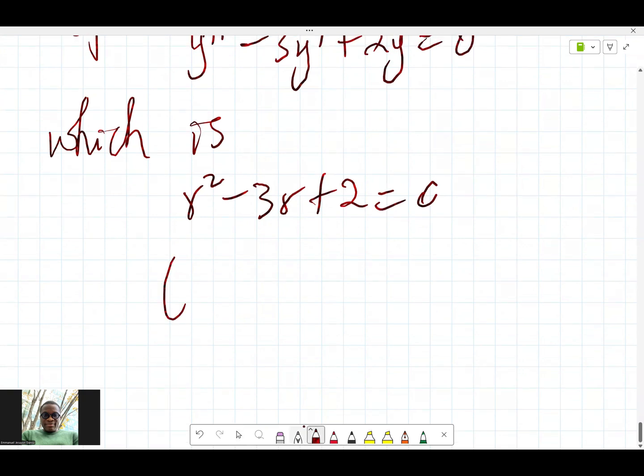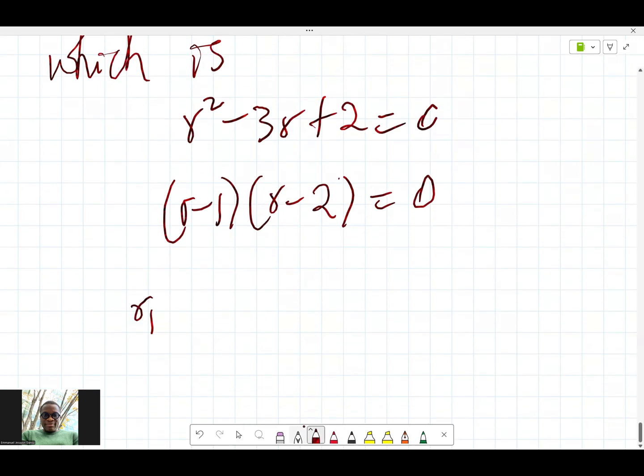We assume that y equals e raised to the power rx as the solution. And then we expand and substitute, and then we end up getting this. So you can check that first video in case you have not seen it. So this is r minus 1 into r minus 2, and that is equal to 0. So that means r1, r2 will be 1, 2.